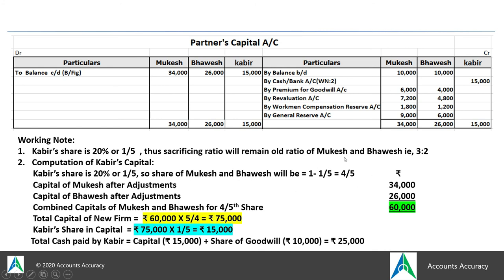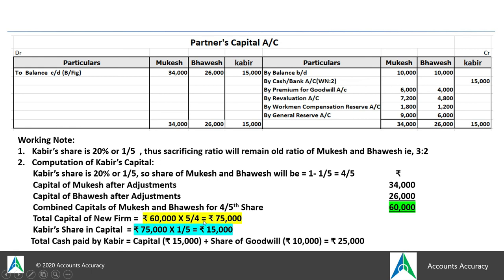As 4/5 is the remaining share left for Mukesh and Bhavesh, the reciprocal of 4/5 needs to be multiplied with 60,000, that is the adjusted capital of Mukesh and Bhavesh, in order to know the total capital of the new firm. As we are multiplying 60,000 with 5/4, we are getting 75,000, which is the total capital of the new firm.